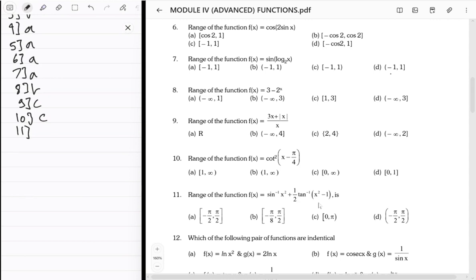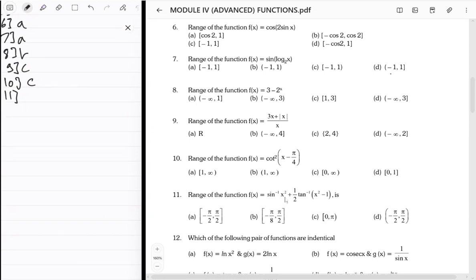f is equal to sine inverse of x square plus 1 upon 2 tan inverse of x. Oh, this is different. It's kind of complicated, isn't it? Okay. X square, you are saying. So think about its domain first of all. Okay, so like x, you know what? Instead of x square, I'll just put u.